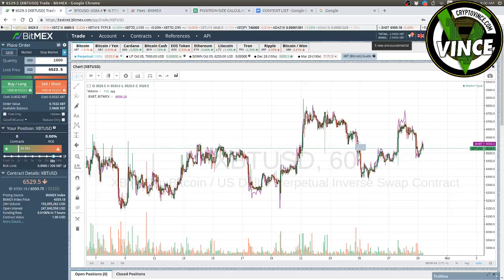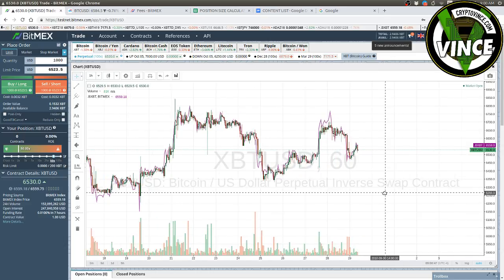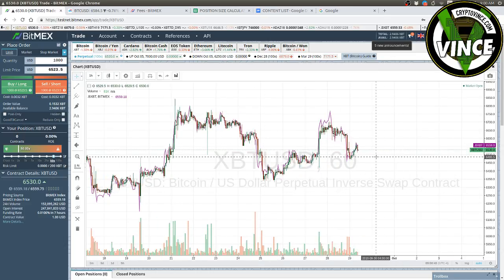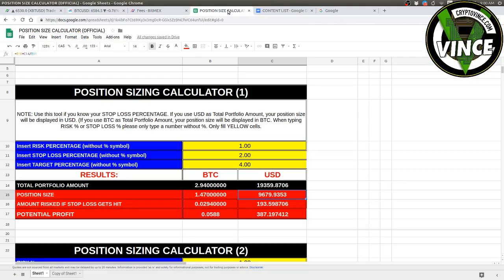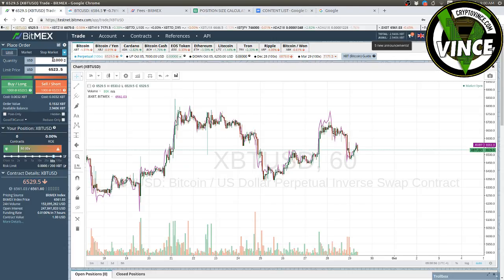You can chart directly on the chart here if you want, whatever is easier for you. So I'm going to put 9679. This is going to be my position size, my total contracts.